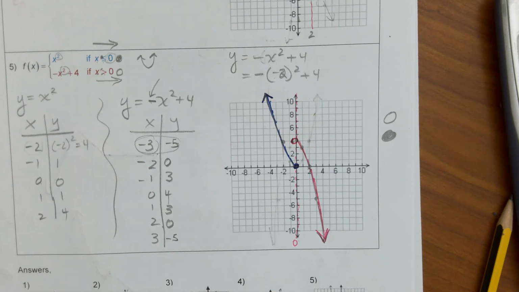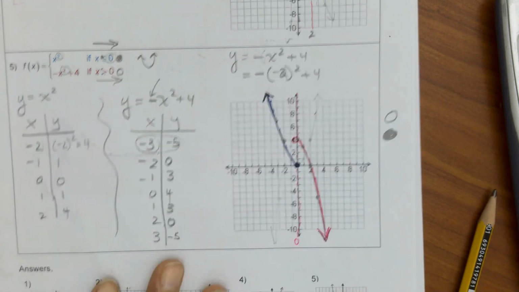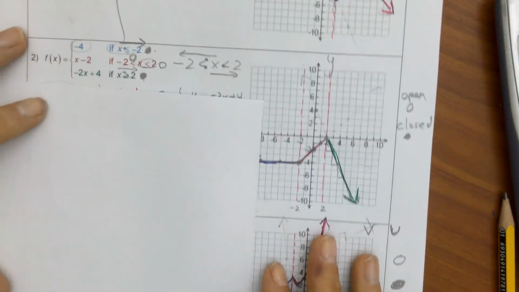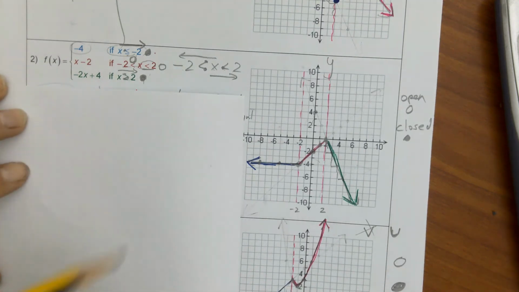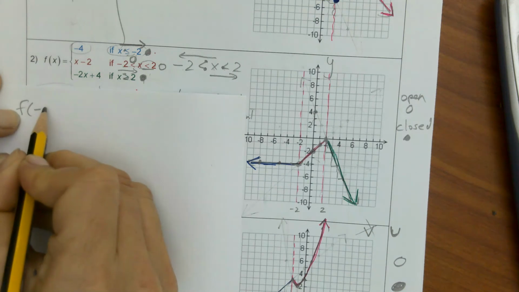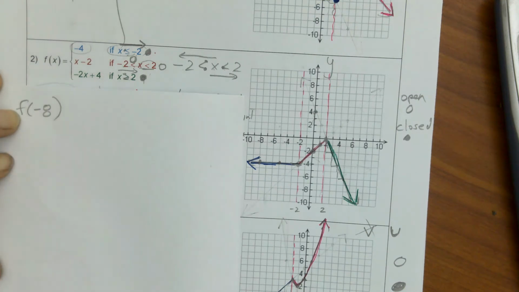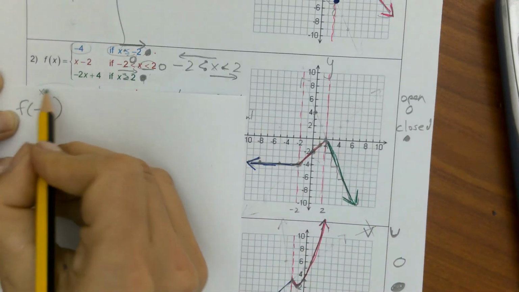So now I just want to show you one little thing here. I want to look at example 2, okay? Because in your homework you're going to have some examples that you have to do. So it'll say find the value if f is negative 8. Okay. So if I look on this graph, that means when x is negative 8.